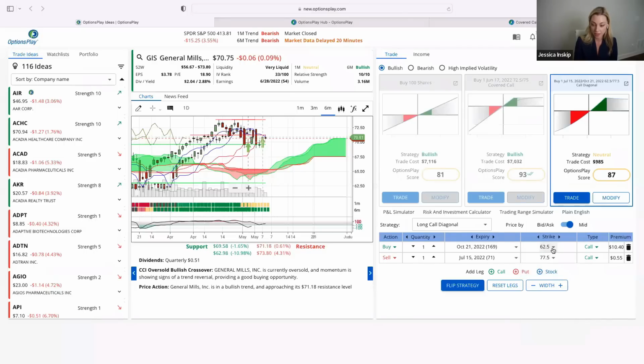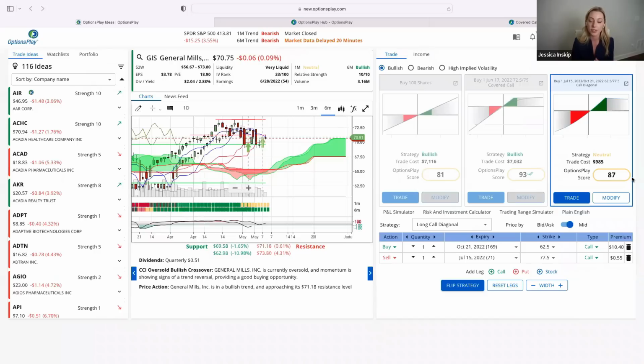And you can see the delta there and the standard deviation, which is helpful for choosing strikes for the poor man's covered call. We're going to buy this one. We're going to sell this one. Let's make sure it's on the mid. Okay. So now we've got a comparison of buying the shares, capping the upwards potential with the covered call, and then doing a synthetic type of strategy with the poor man's covered call.